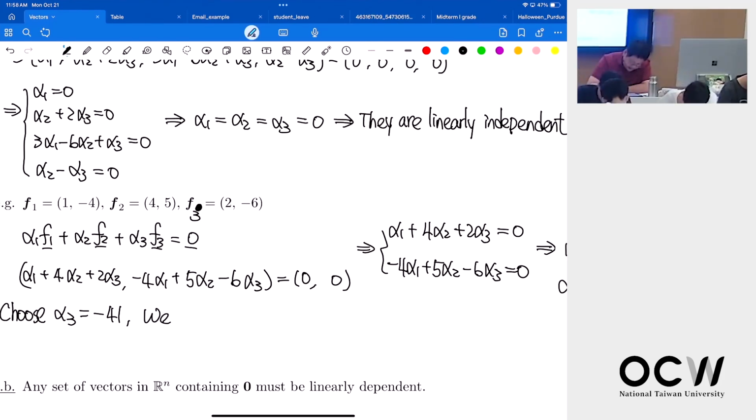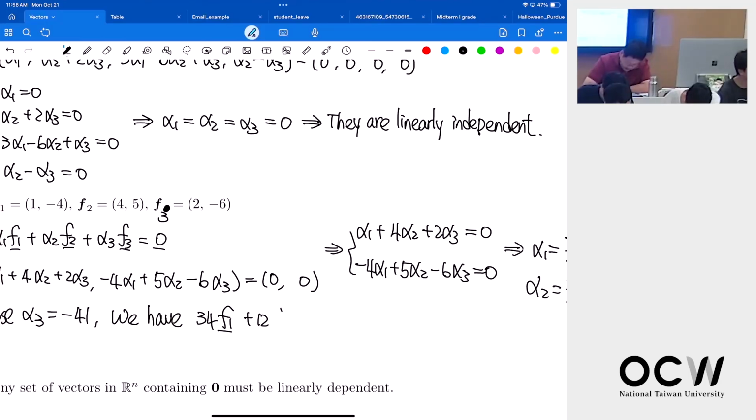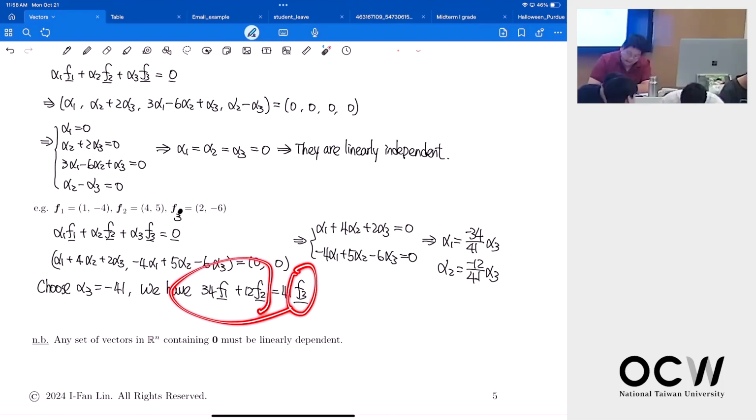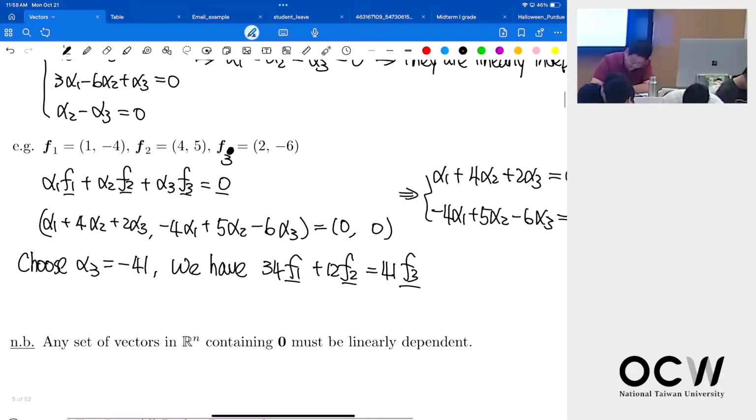Then we have 34 f1 plus 12 f2 equals 41 f3. So you can see that f3 can be expressed as a linear combination of f1 and f2. So they are linearly dependent. So f1, f2, f3 are linearly dependent.